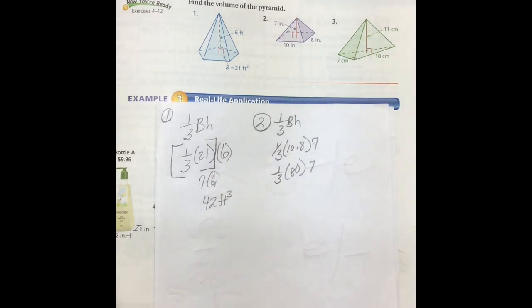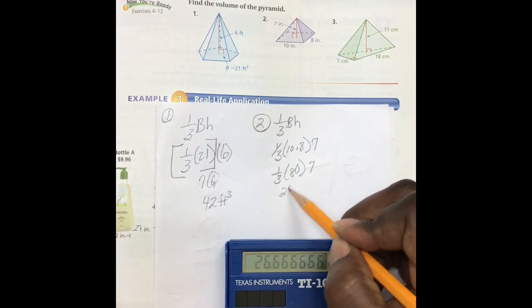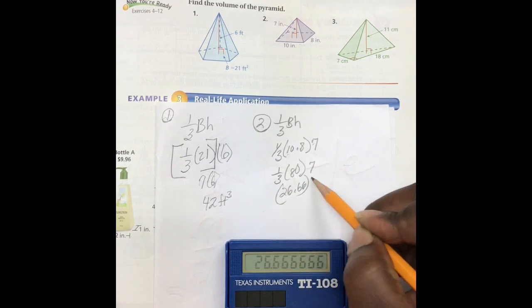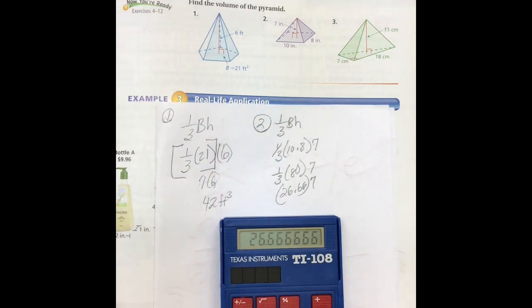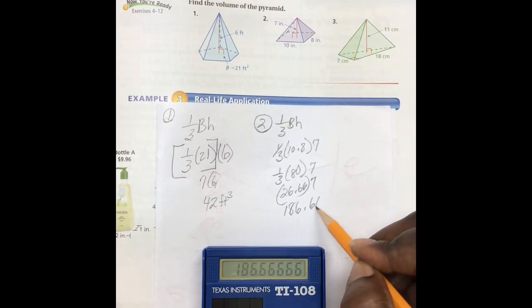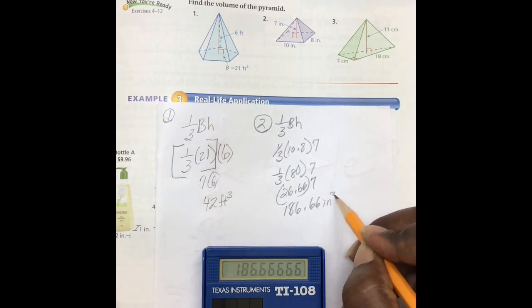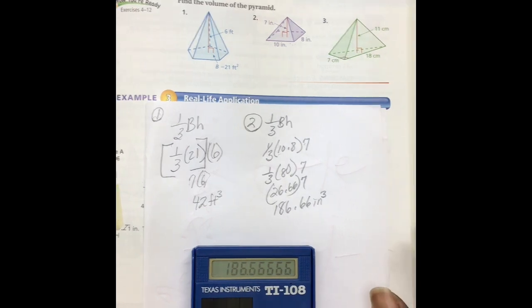Using our calculator, we take 80 divided by 3, and we get 26.66, times 7. And our answer is 186.66, and that would be inches cubed. All right, let's take a look at our last one.